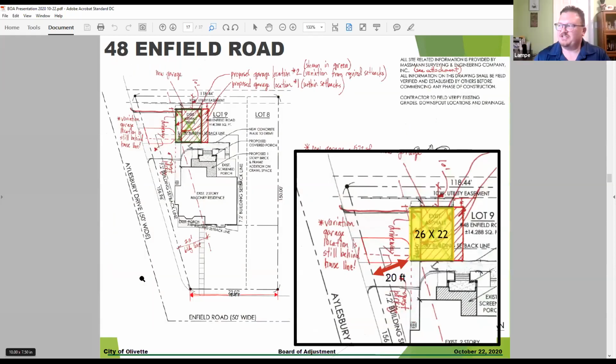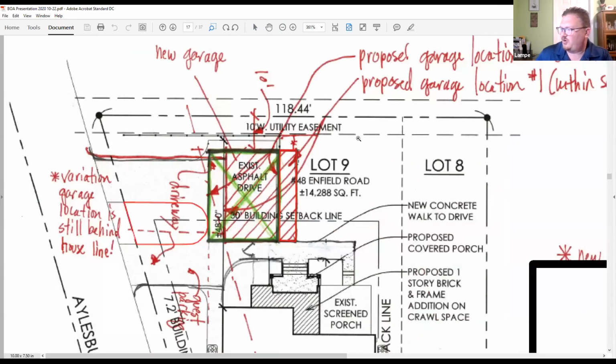I think there is a utility easement there. And by doing that, it would be the rear corner of that. Based on my site plan, which is on the construction drawings, it would be the southeast corner.